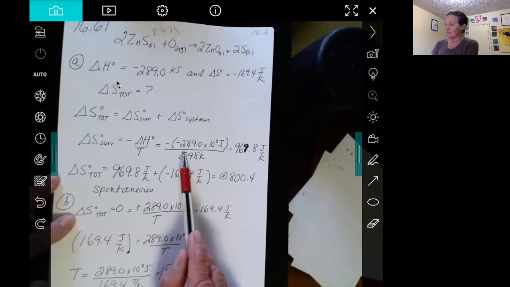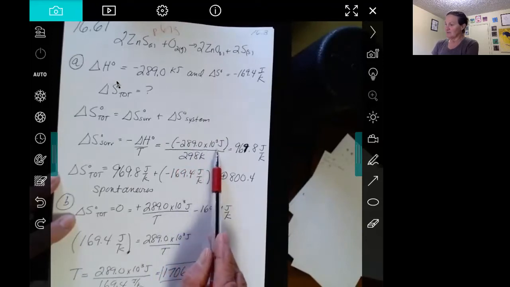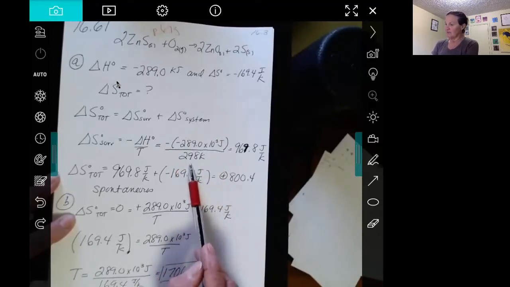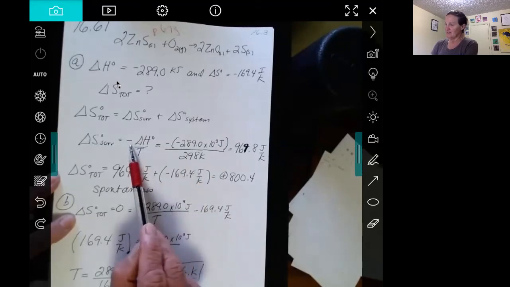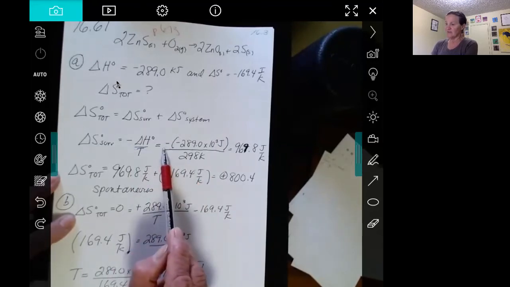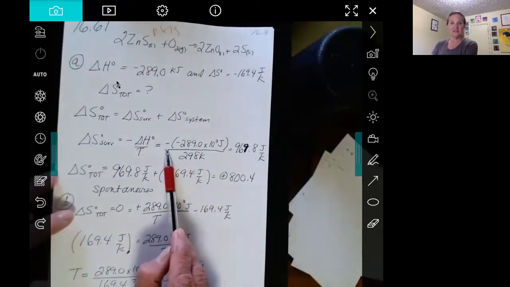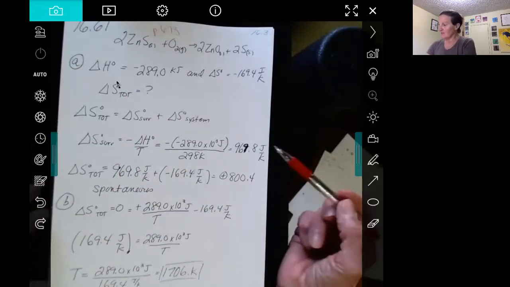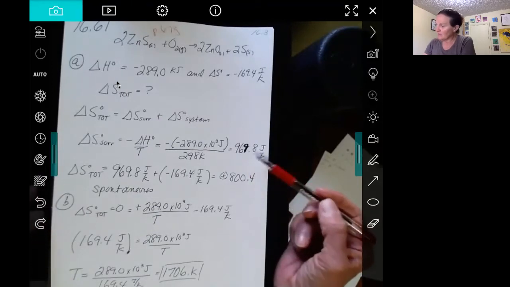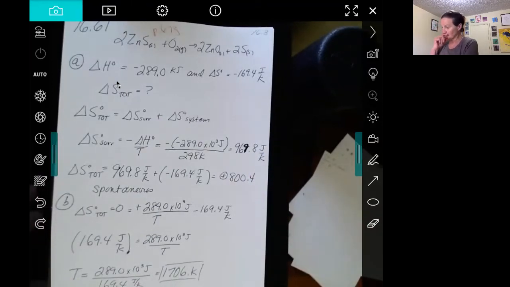So negative 289.0 times 10 to the third divided by 298, and then I need to change that sign, so it ends up being positive. So the delta H is negative. When I change the sign, it becomes positive. And I got 969.8 joules per K.